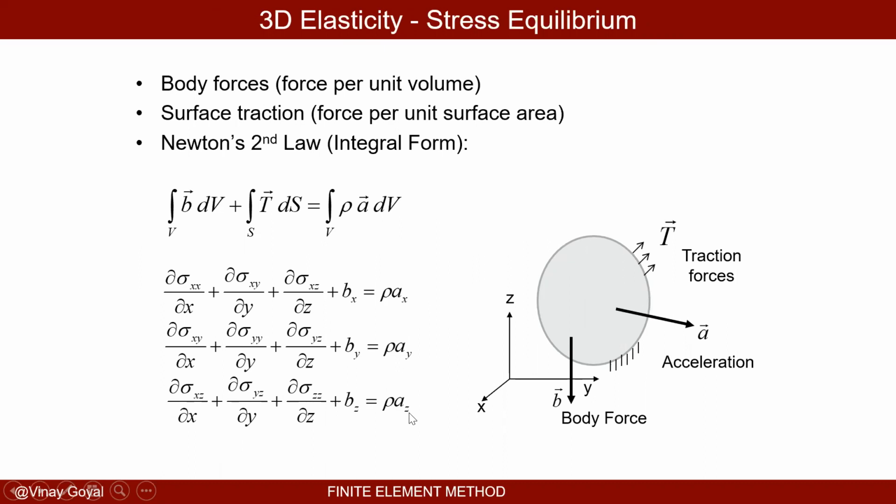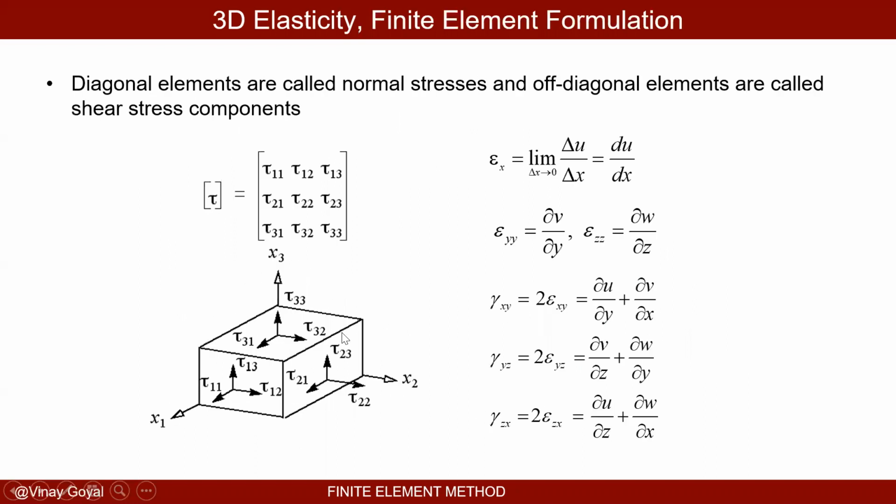Ax, Ay, and Az are the acceleration vector, and the stress components are part of this equation. There are again 9 stress components, but 6 of them are independent because the off diagonal terms are equal to each other, while the diagonal terms are tau 11, tau 22, tau 33, and there are 3 of them there.